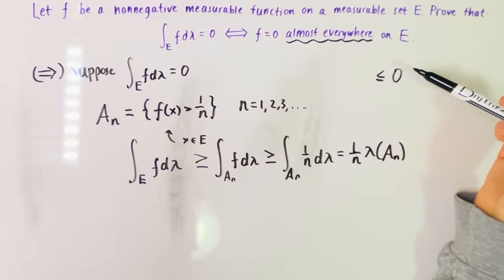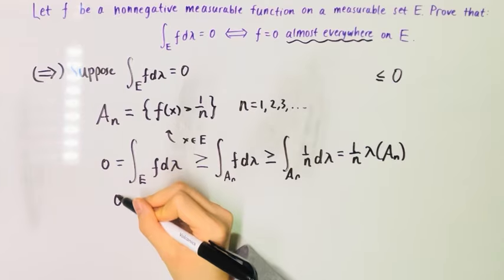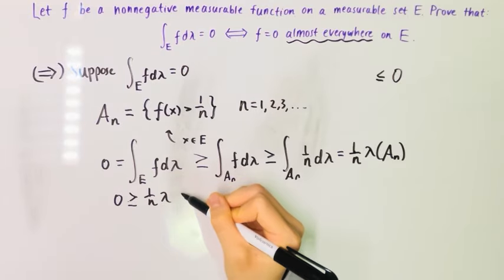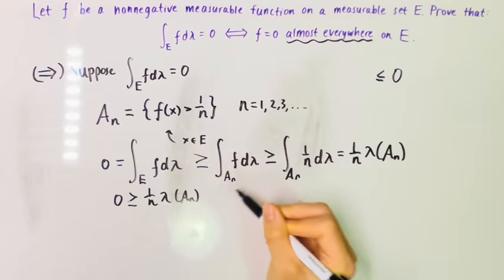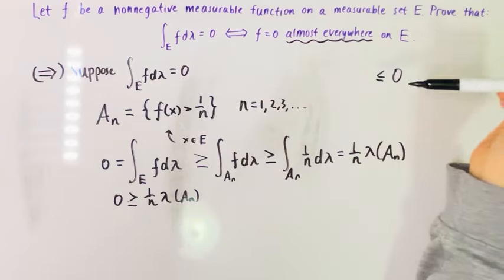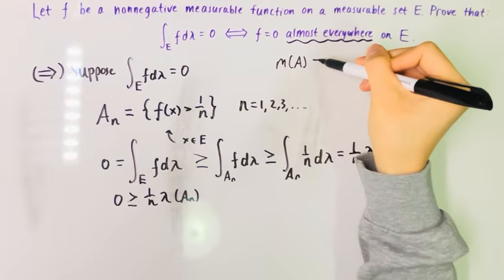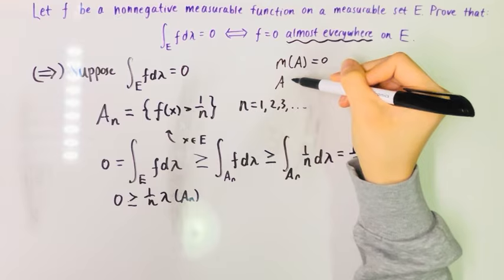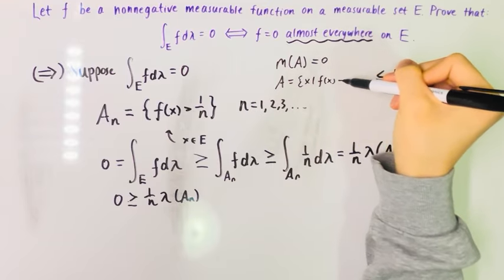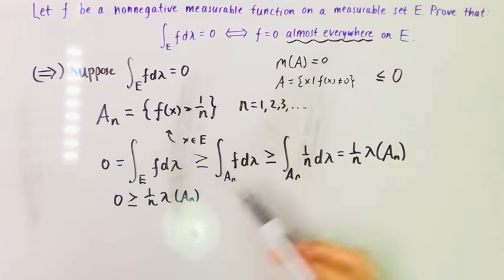So since we have 0 is greater than or equal to 1 over n times lambda of A_n, we want to somehow turn this into a statement about f being 0 almost everywhere on E, and remember that just means the measure of the set A is equal to 0, where A is the set of all x such that f of x is not equal to 0. So the condition is not true.